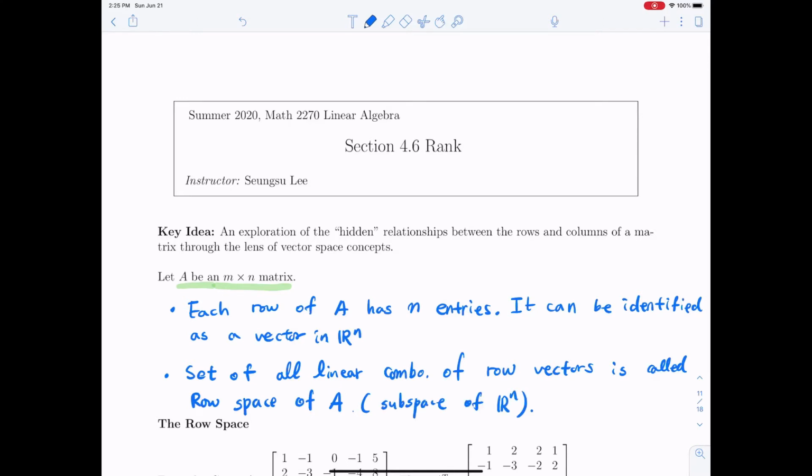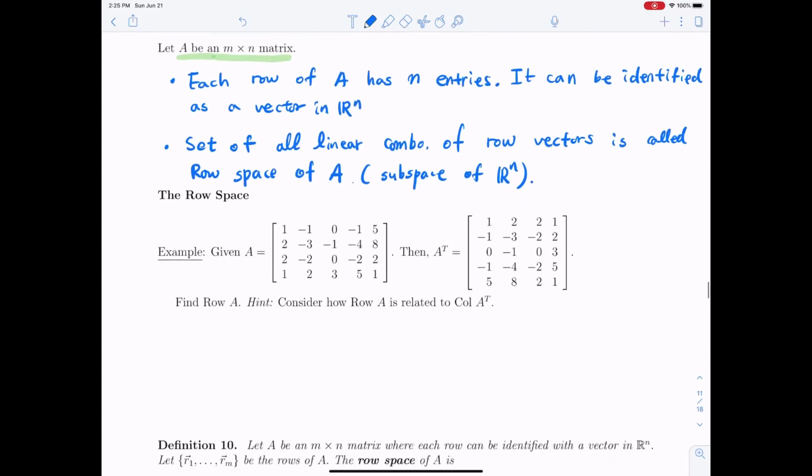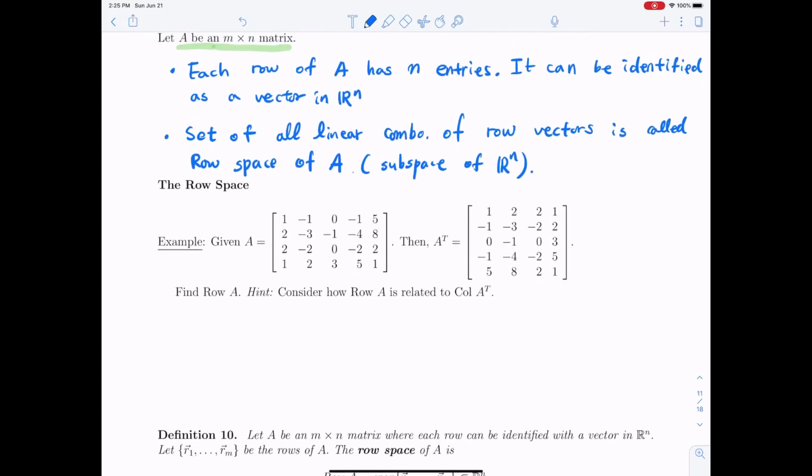So let's see some examples using the matrix below. Suppose that A is given by this 4 by 5 matrix, and let's say this is A transpose. Then the row space of A is by definition the set of all linear combinations of the row vectors, and the row vectors are simply the collection of rows, which is given over here.